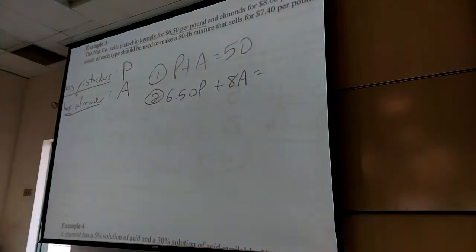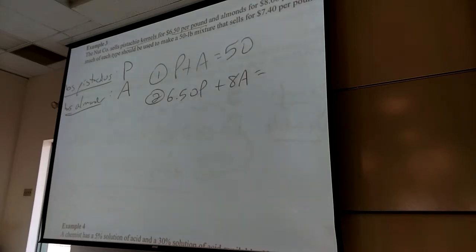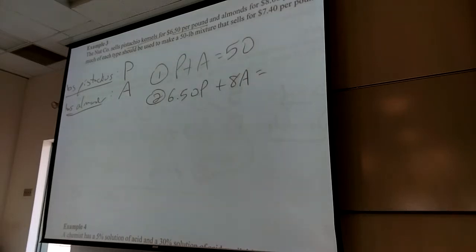Alright, watch. That is money plus money. Money plus money cannot equal money per pound. That doesn't make any sense. Try again. What is 740? What's the units on the 740? Dollars per pound. So I can't say $5 plus $10 equals 28 bucks per pound. It doesn't make any sense.